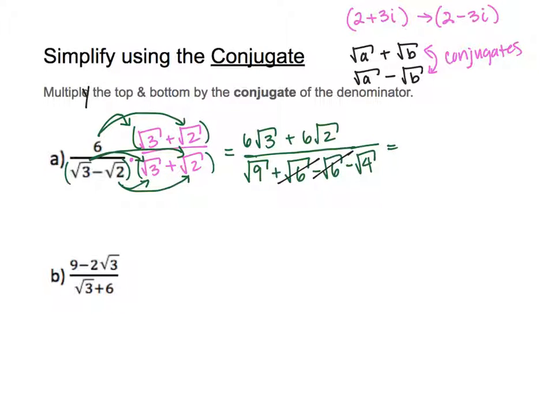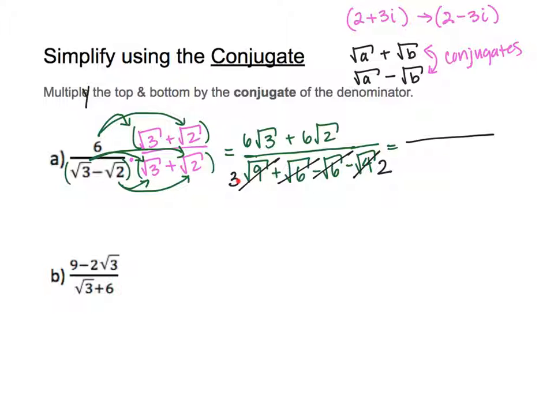The bottom also, let's rewrite our fraction here. The bottom here, this is a square root of 9. What's the square root of 9? Well, that's just 3, right? So if I cancel this and made this a 3, because the square root of 9 is 3, square root of 4 is 2, so now I just have a minus 2.